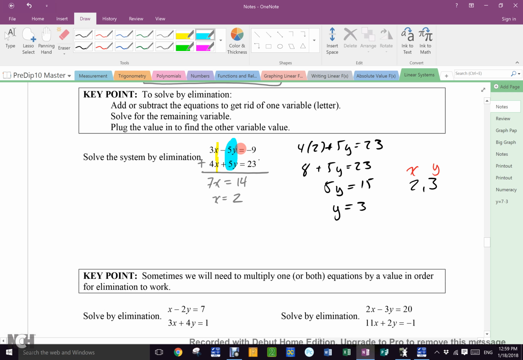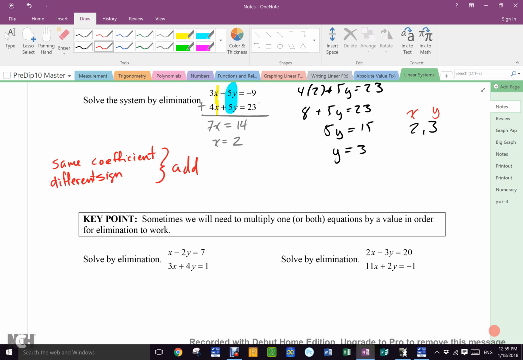So, what's your reminder here? Same coefficient. Different sign. Add. Everybody got it? Look at the next question.